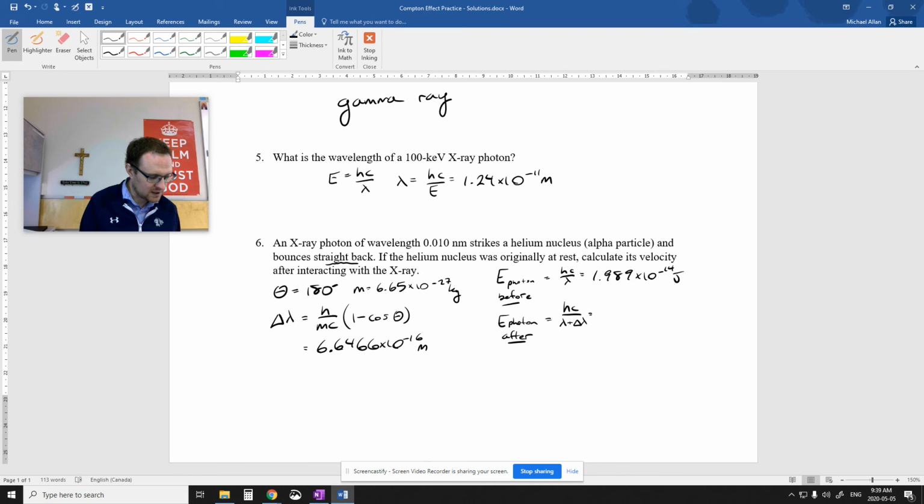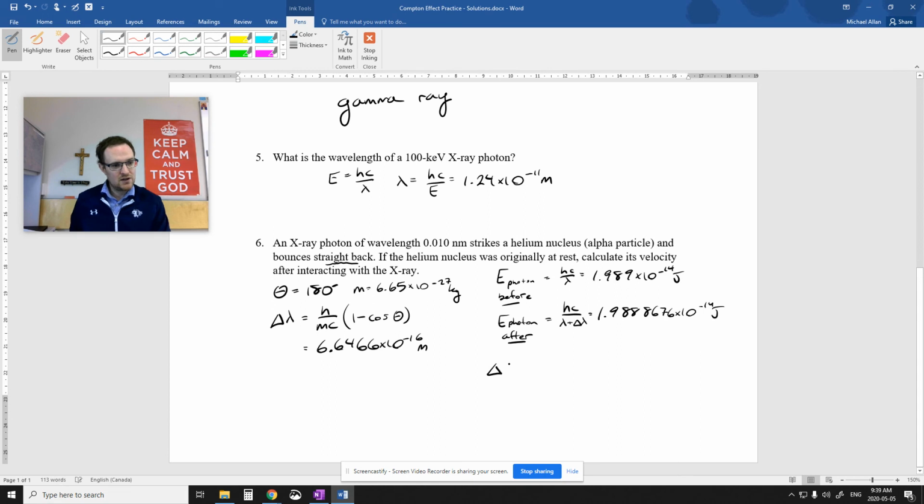I think that's what that number is there. Yeah. Add in my change here. So it's not going to change too much. The energy here is only going to be slightly lower. So it's 8.8676, etc., etc.